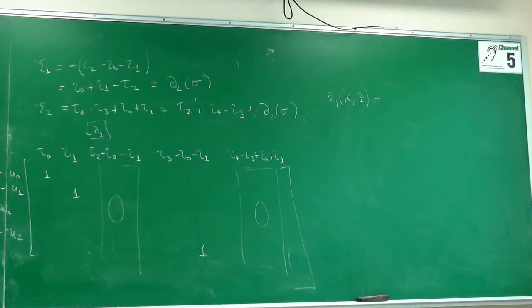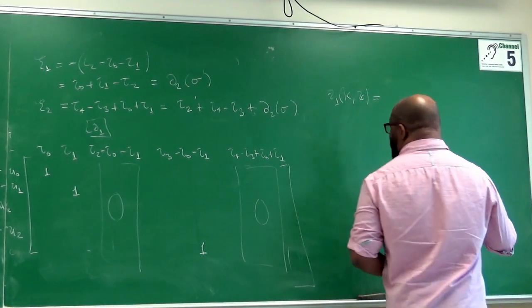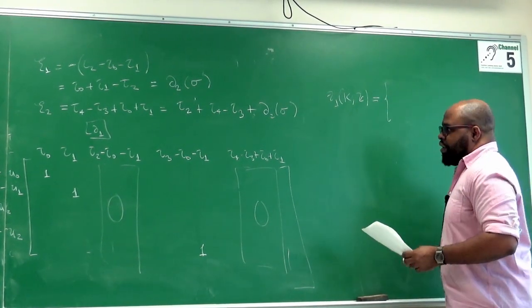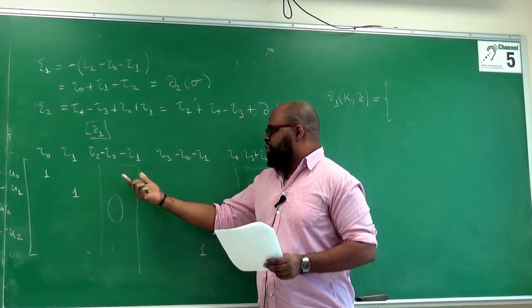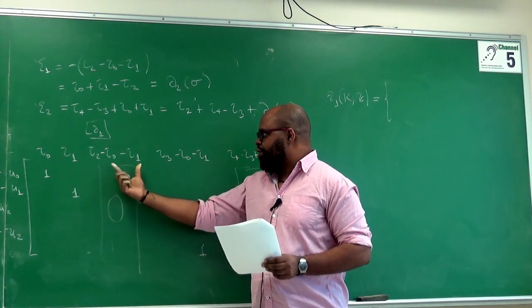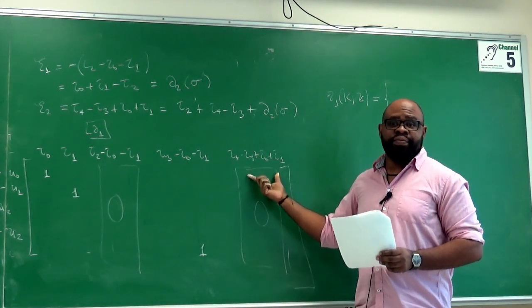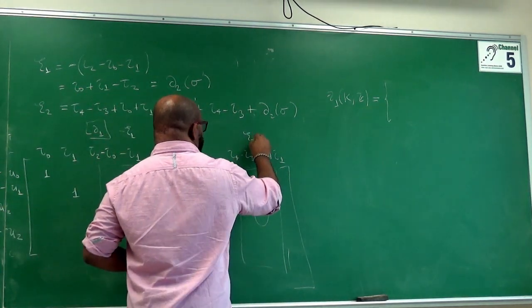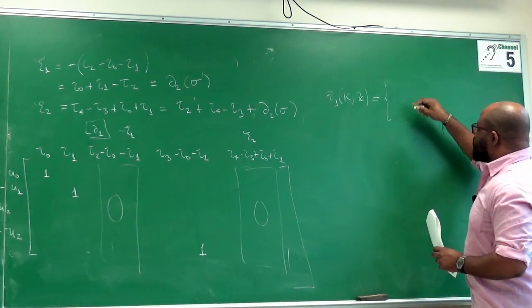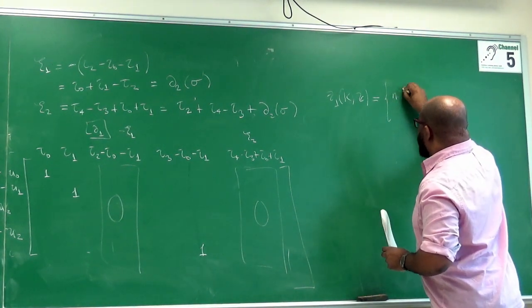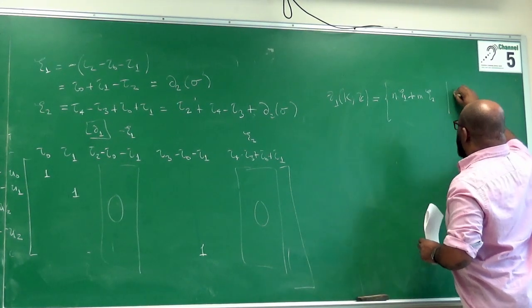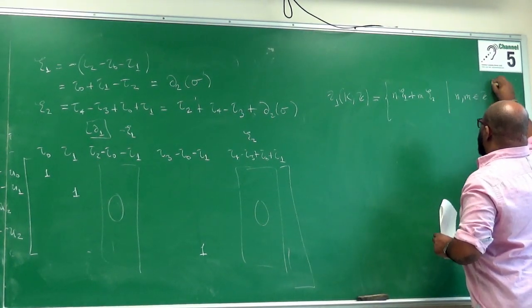Great. So the cycles are the kernel of this matrix, all the combinations of this guy and this guy. This is zeta 1, or minus zeta 1, and this is zeta 2. So this is something like n times zeta 1 plus m times zeta 2, and I'm allowed to take n and m in all the integers.